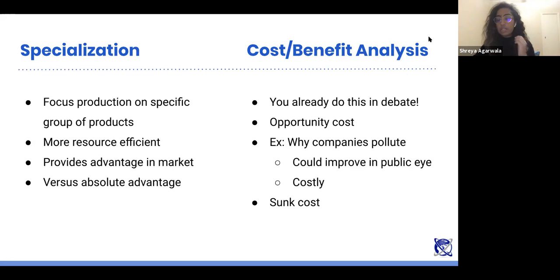It also provides an advantage in the market if you're better at producing things than other countries. If my country is better at producing those steel products, I'll be able to produce them for a lower price because I'm getting better access to those materials than, for example, a country that would have to import steel in order to produce the same products.